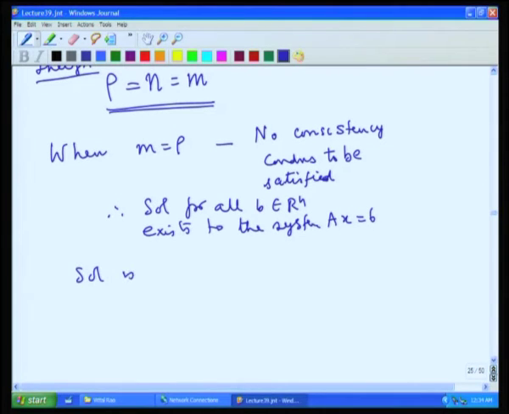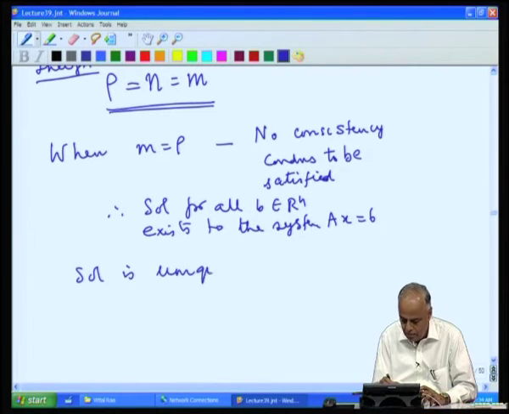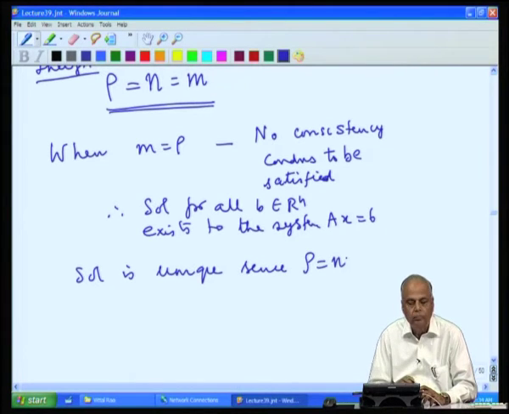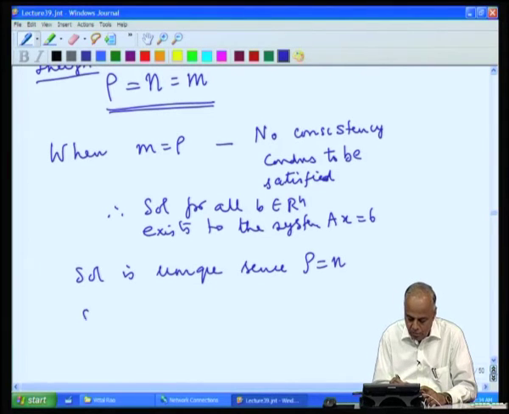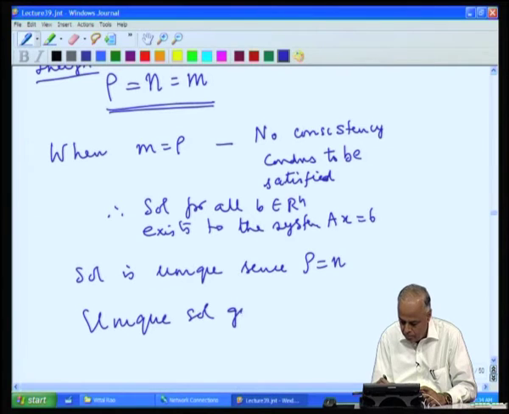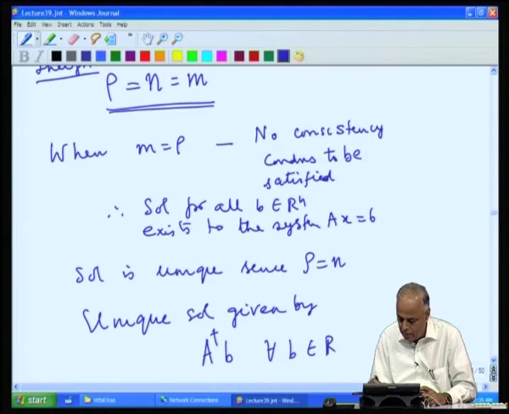The solution is unique since rho equal to n; the null space consists of only the 0 vector. The unique solution is given by A dagger b for every b in Rn.